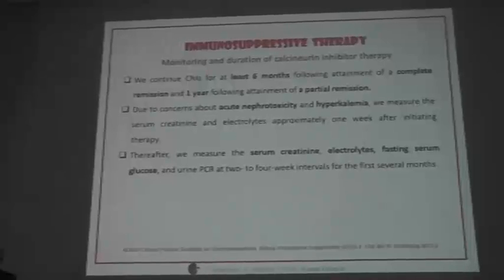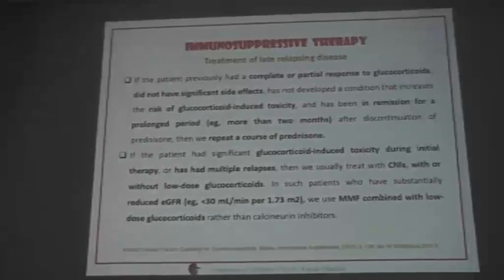Due to the concern of acute nephrotoxicity and hyperkalemia, it's better to measure serum creatinine and potassium in patients receiving these 2 medications. Thereafter, measure serum creatinine, electrolytes, fasting blood sugar, and urine PCR at least every month or 2 weeks in patients receiving such medication after attainment of remission.